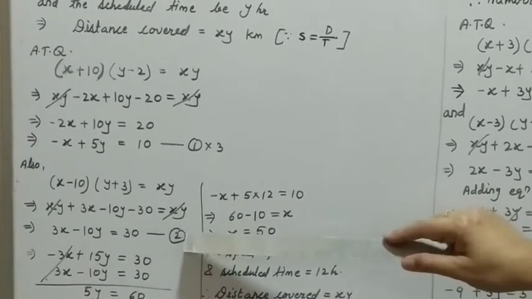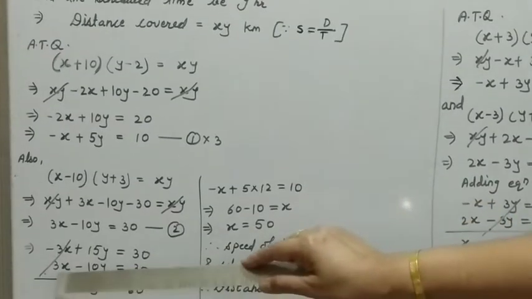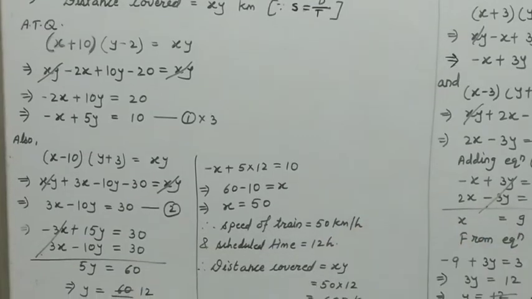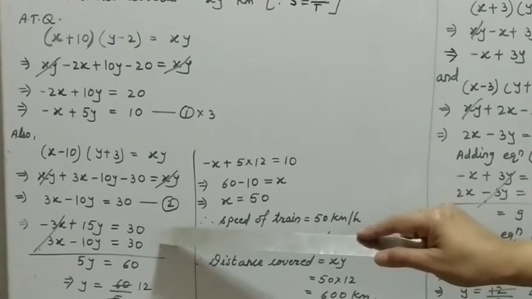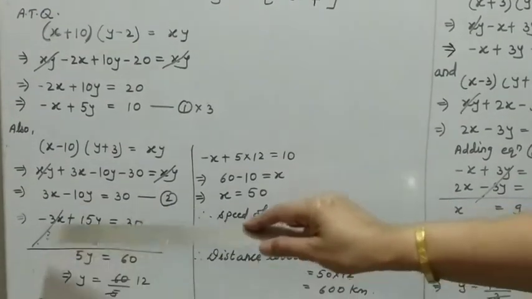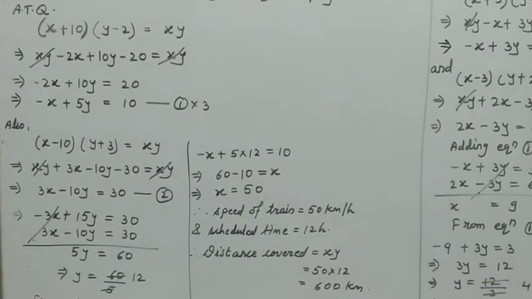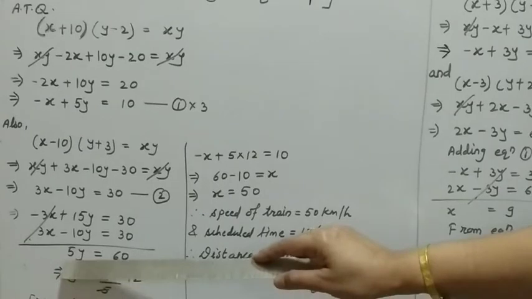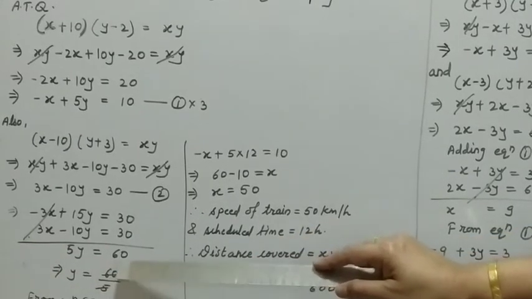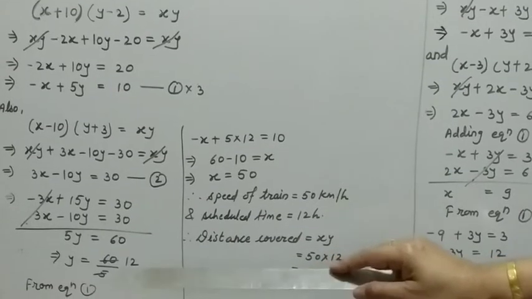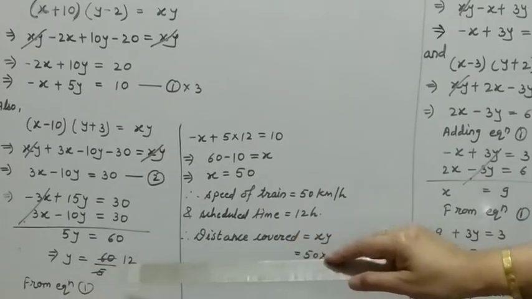And writing equation 2 as it is, 3x minus 10y is equal to 30. Simply adding the two equations, we can eliminate variable x. Minus 3x plus 3x will get cancelled and we will get 5y is equal to 60. Thereby y is equal to 60 upon 5, which gives us the value of y as 12.